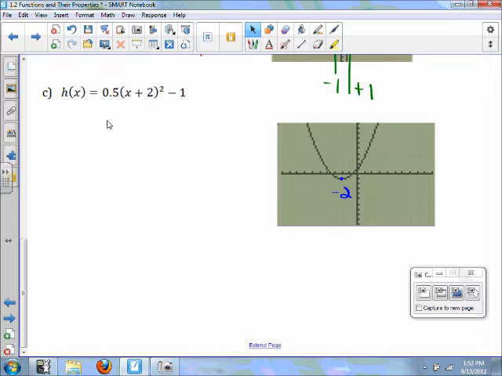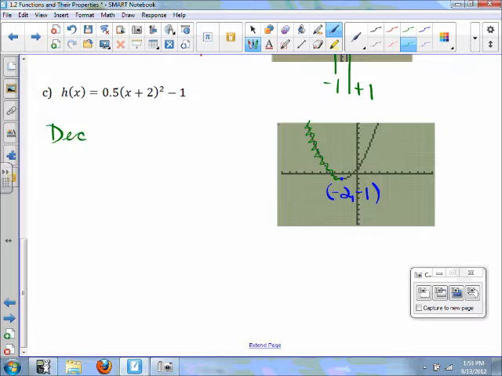That'll be its lowest point. Okay, that's its x value. So the point is actually going to be -2, -1. Now, it will be decreasing from here to here. So from -infinity to -2, it'll be decreasing. Then it'll be increasing from -2 to infinity.